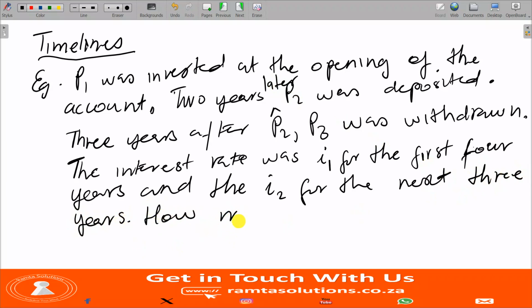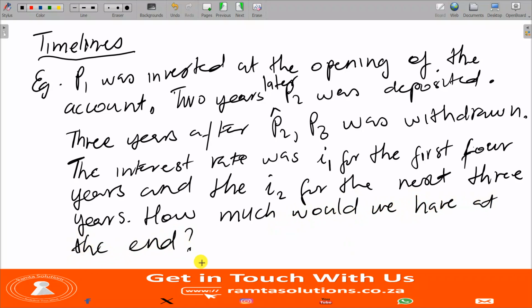How much would we have at the end? So you see, this is just a general example, but it is exactly what you are going to do in your calculations.